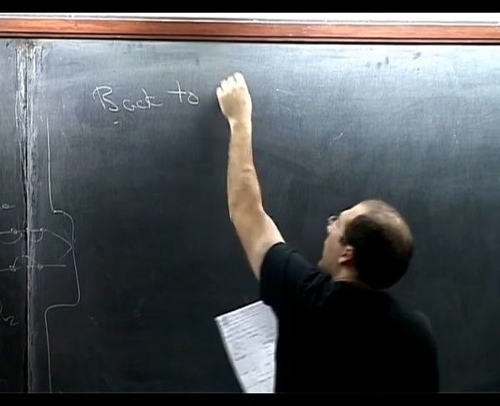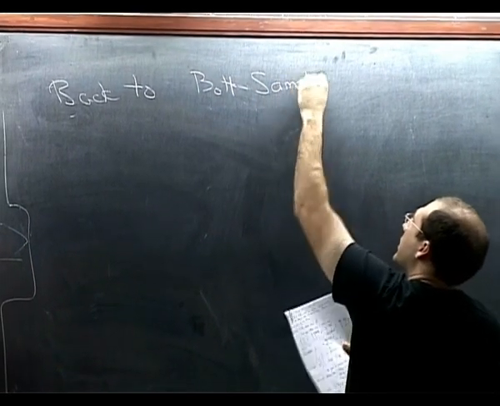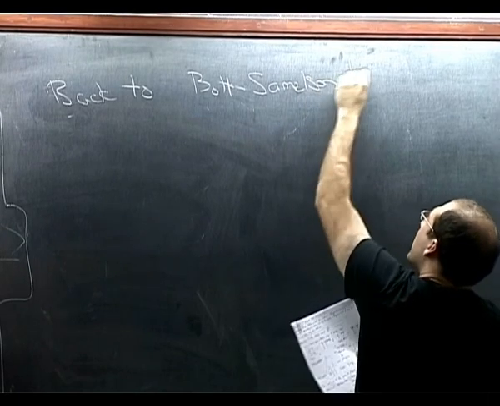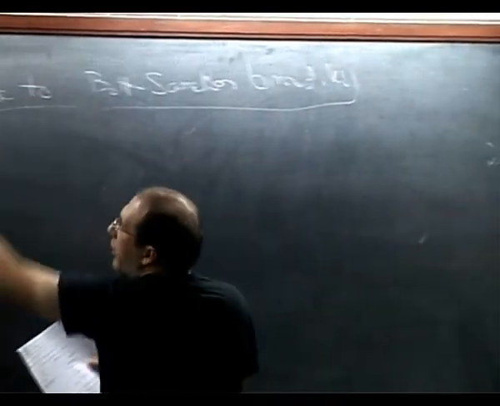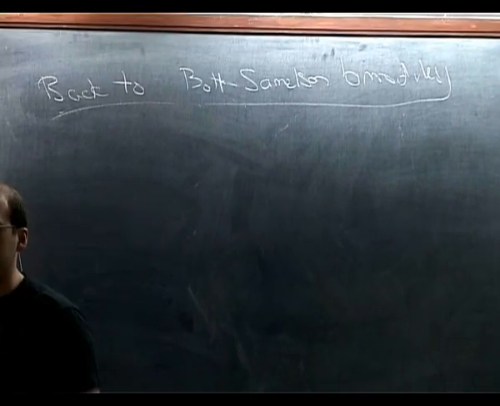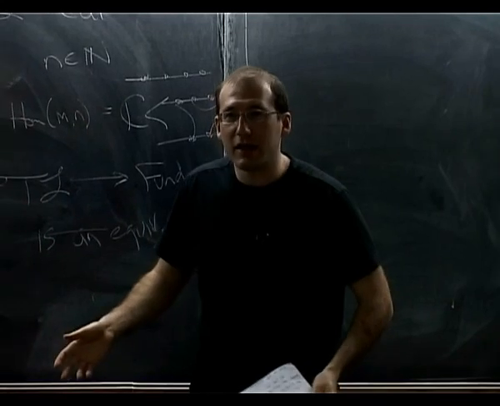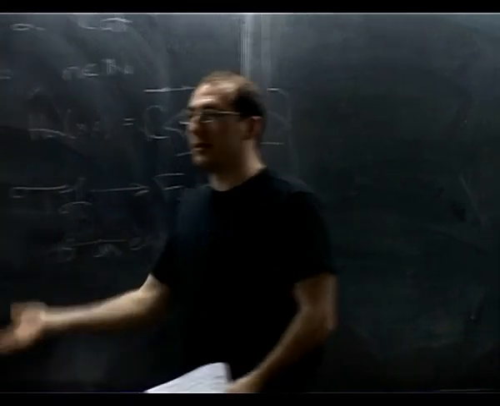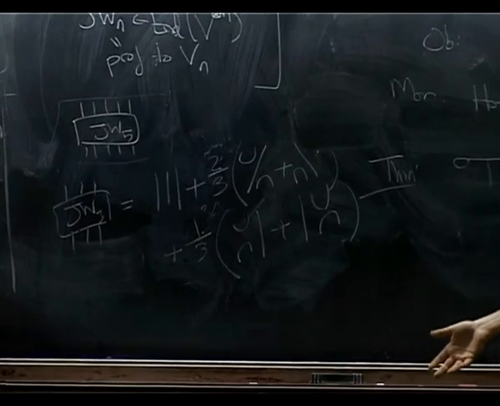Okay, so back to Soergel bimodules. But really, not Soergel bimodules, but Bott-Samelson bimodules. I'm not studying all of SL2 representation theory. I'm studying tensor products of fundamental representations. Why? Because if I wanted to write down all morphisms between all irreducibles and tensor products of irreducibles, it gets very difficult.